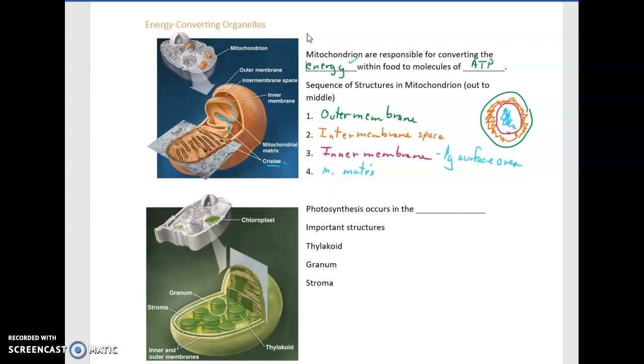Photosynthesis occurs in our chloroplast. And the important structures here are going to be the thylakoid. This is where the chlorophyll molecules live.